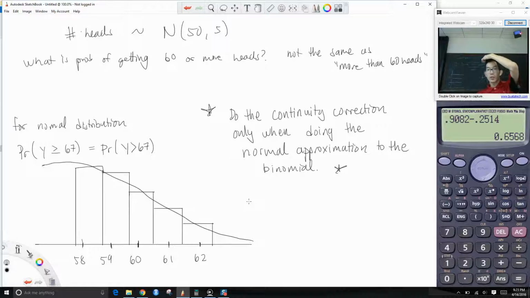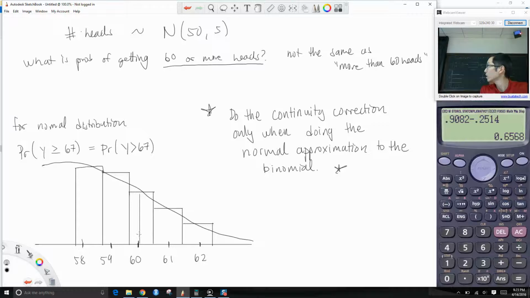Here I want the probability of getting 60 or more heads, okay? If I were to just draw a cutoff line at 60, I would miss part of this bar.